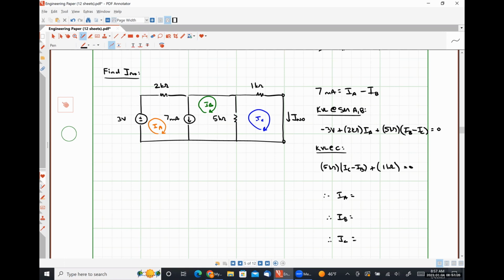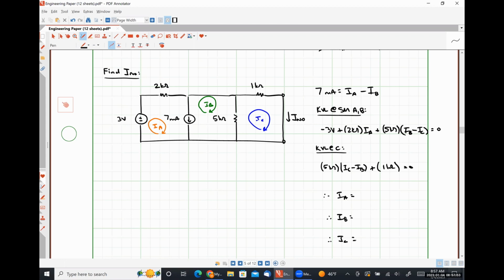Our coefficient for IA in our first equation is 1. Our coefficient for IB is -1. Our coefficient for IC is 0. And our constant term is 0.007. In our second equation, our coefficient for IA is 2000. Our coefficient for IB is 5000. Our coefficient for IC is -5000. And our constant term is +3.